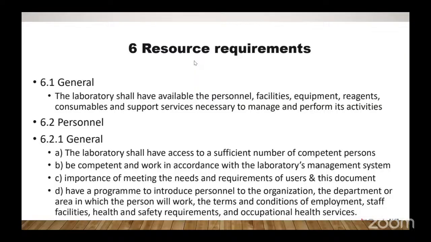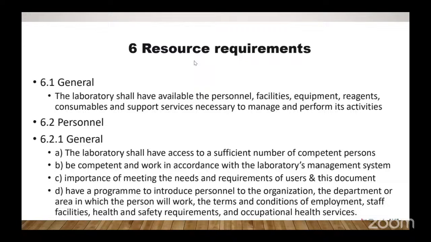These are the key sub requirements under the resource requirement. Personnel. We know that personnel is one of the most important resources. We talk about facility, equipment, reagents, consumables, and other support services that are needed to be able to manage the requirements.